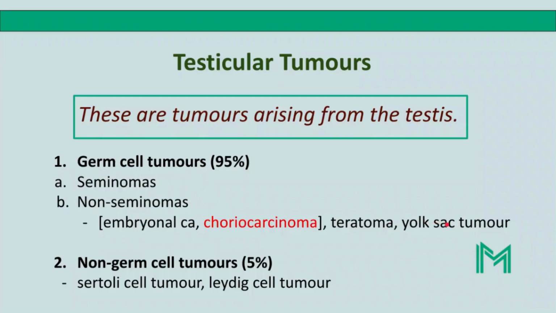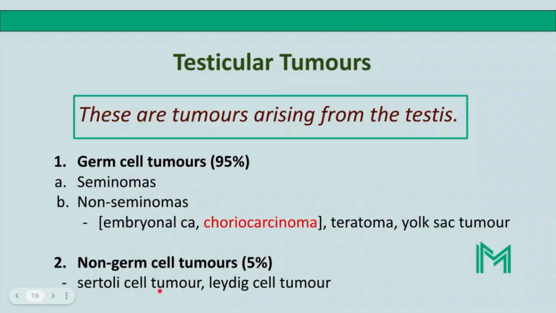And the yolk sac tumor is a malignant tumor seen in the pre-pubertal stages, usually between the ages of 1 to 4. Also very aggressive and malignant, commonly found in the early years of childhood, before puberty.